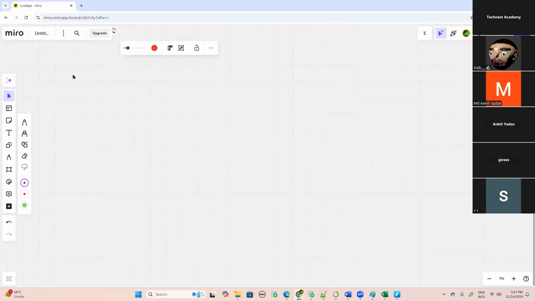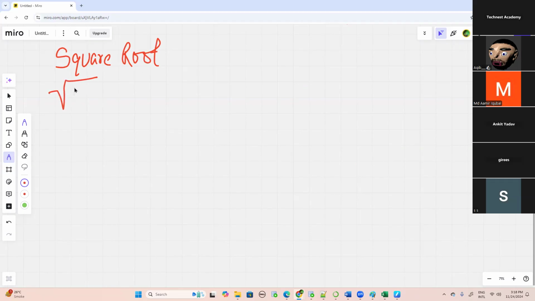Now, a little bit about the square root. I have already covered it yesterday, but let me quickly cover it. This is the symbol of a square root. If I write a square root of 16, what is hidden here? 2.